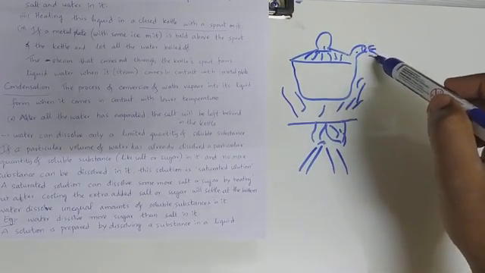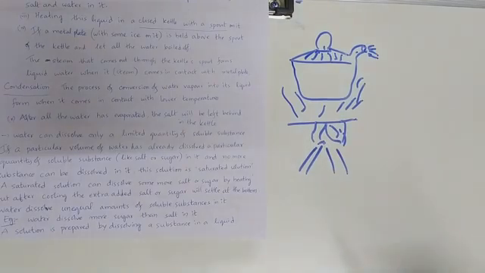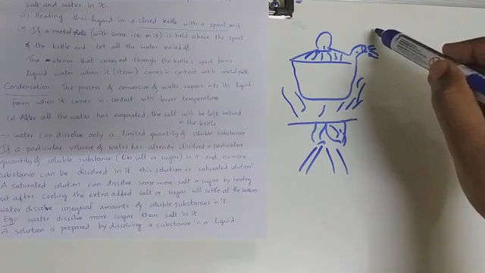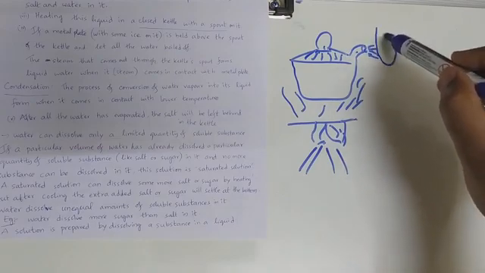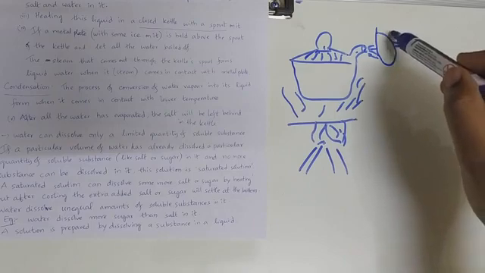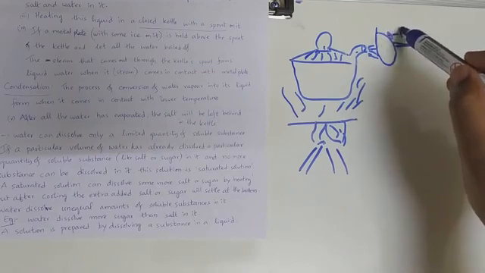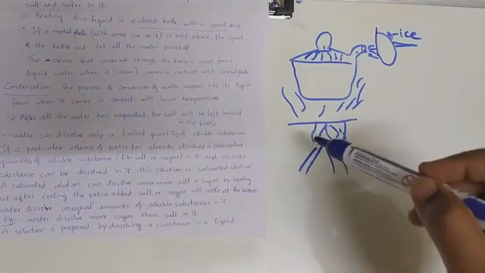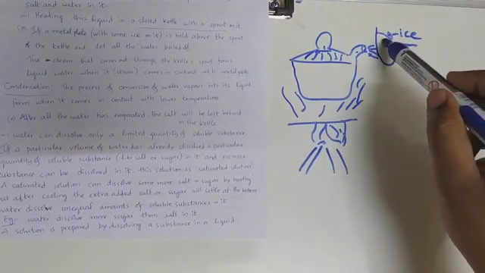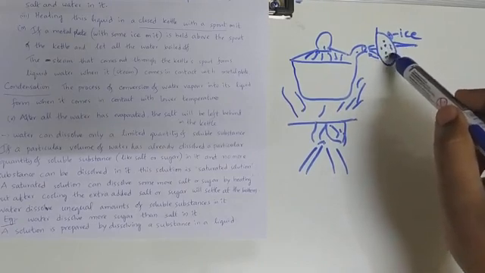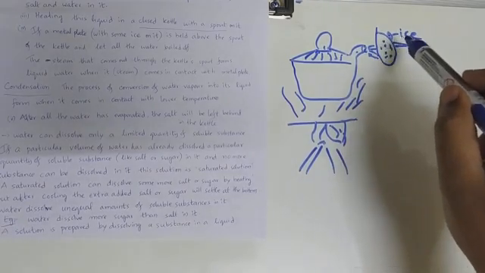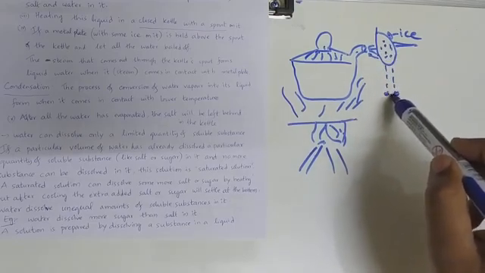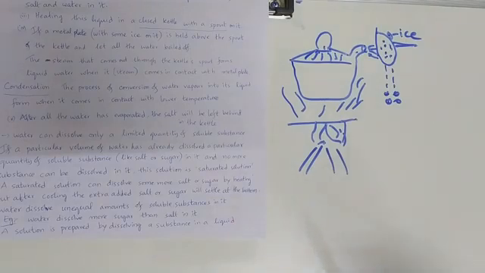Steam will come out. At this area, if we keep a metal plate with some ice on it, the steam that comes out will be exposed to this colder temperature, and it will be falling like water drops, right?